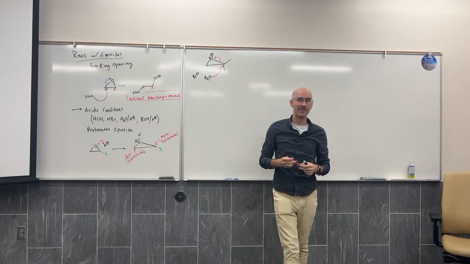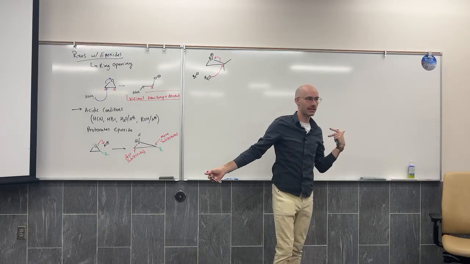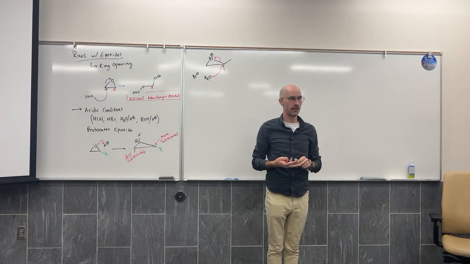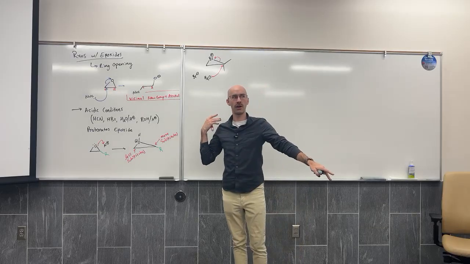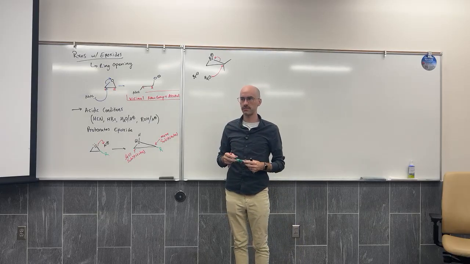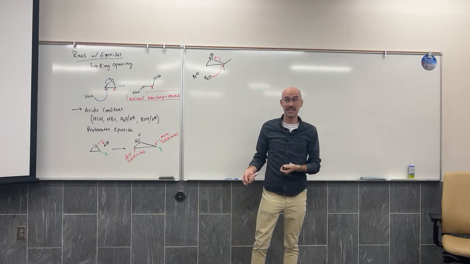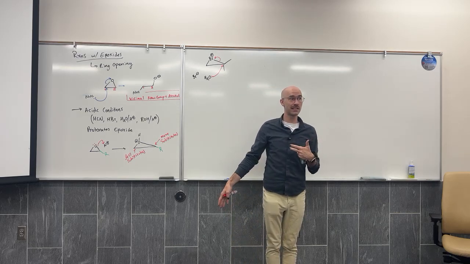But why? Why does it stretch the bond to the more substituted carbon? Why doesn't it ever stretch the bond to the less substituted carbon? Stretching a bond is going to decrease the electron density at that carbon.